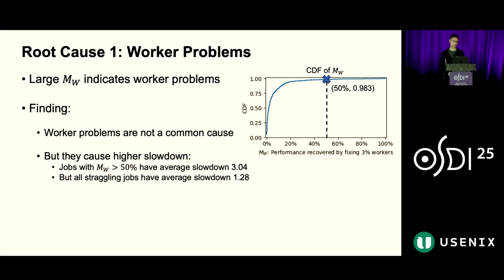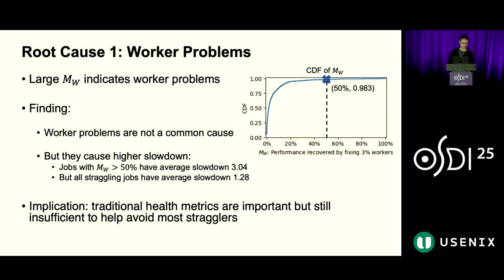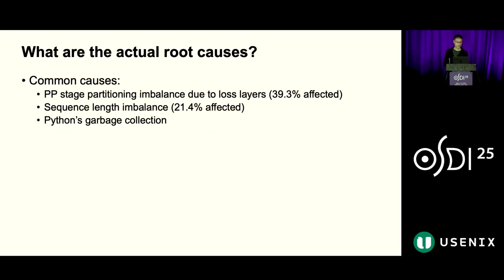But we also check those jobs with high M_W, and we find that they actually have higher slowdown, which is on average 3.04, much larger than the average slowdown 1.28 of the entire pool of the straggling jobs. So these findings imply that traditional health metrics are important, but still insufficient to help avoid most stragglers.